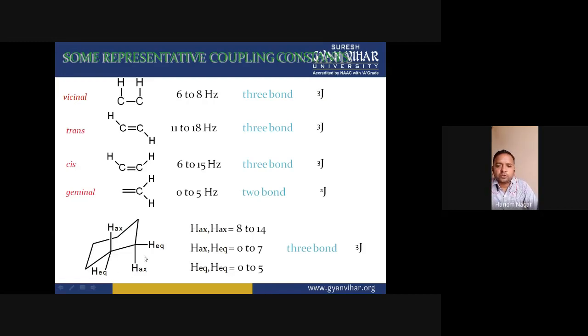And if we talk about two equatorial protons, then there is also repulsion between these protons, so there is also no transformation. Very poor transformation is there, and the value of the coupling constant would be very low, 0 to 5. And these three types of couplings have a three bond distance, so this is called J3.